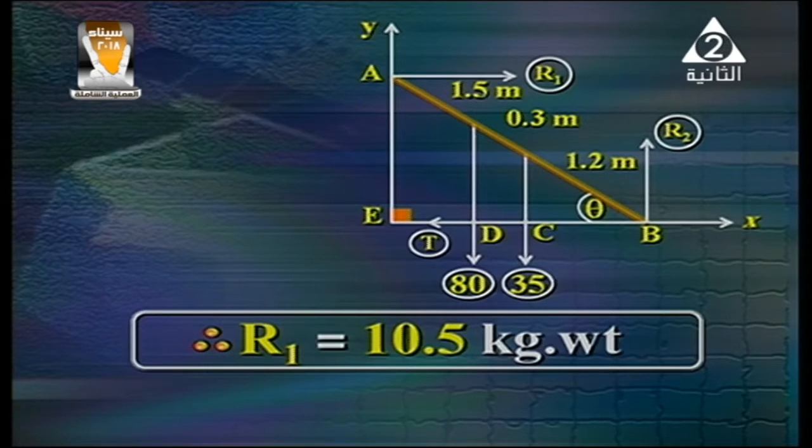Dear student, we have the two equations before the man, whose weight is 80 kilogram weight, ascends the ladder. The first equation, R1 equals what? Equals T. R2 equals 35.